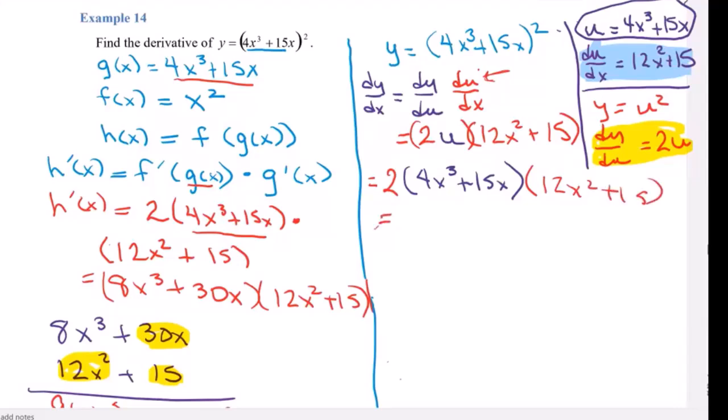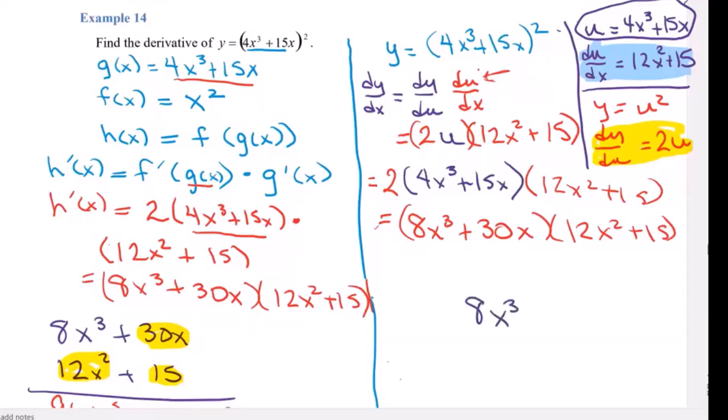This is equal to 8x to the third plus 30x times 12x squared plus 15. And notice this is 8x to the third plus 30x times 12x squared plus 15.